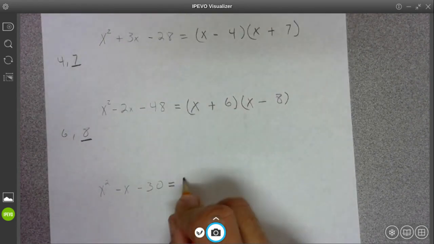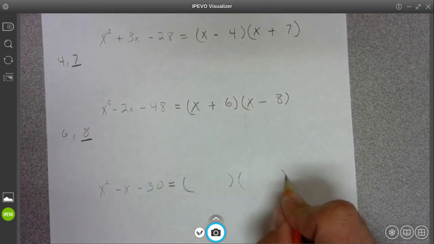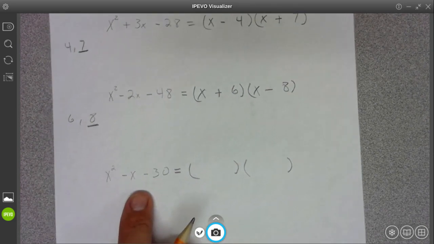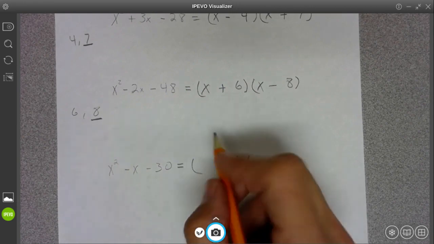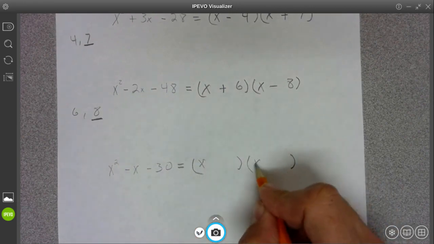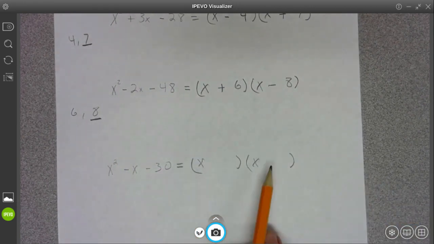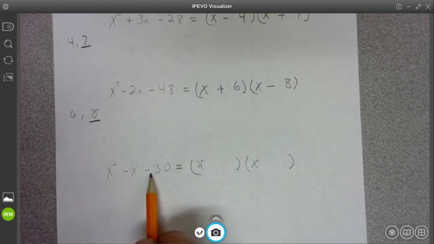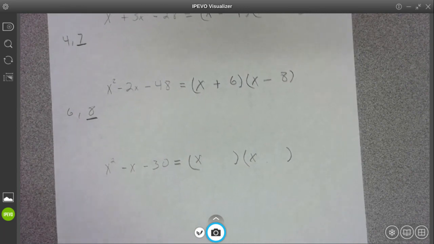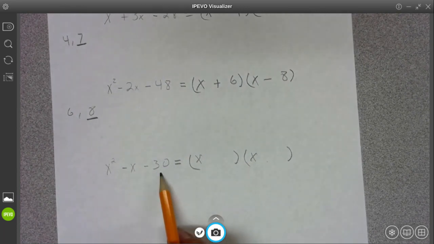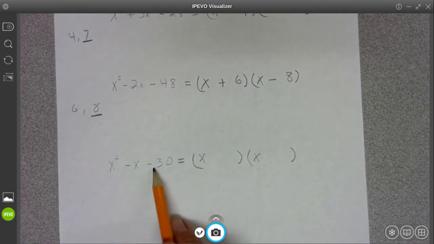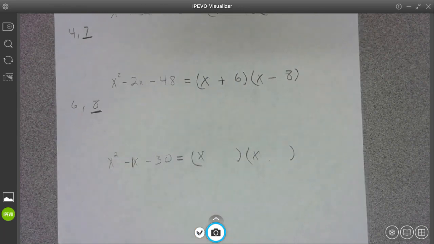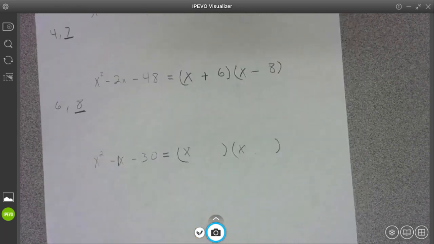Okay, this third example. Find the factors of x squared minus x minus 30, or write it in factored form. So again, it's an x and an x. You could go ahead and put one plus and one minus if you wanted to. We already know that they're different signs, and the bigger number is negative. So two numbers that multiply to 30 and subtract to give you 1. That's an implied 1 there.